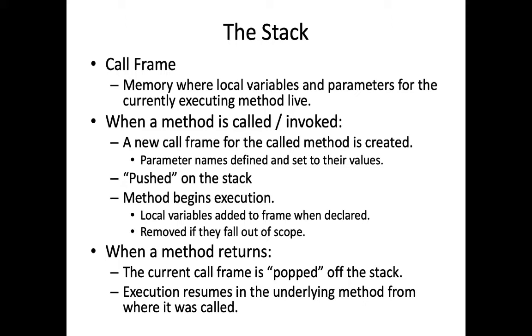We set up that piece of memory and create its table of local variables, including the parameter names and the values I'm providing when I make the call. So I get a new call frame for every invocation of a method. Even if the method calls itself, and you'll see this on Thursday, even if it's recursive, every time I call a method I get a new call frame, and that call frame is where I keep track of my local variables.